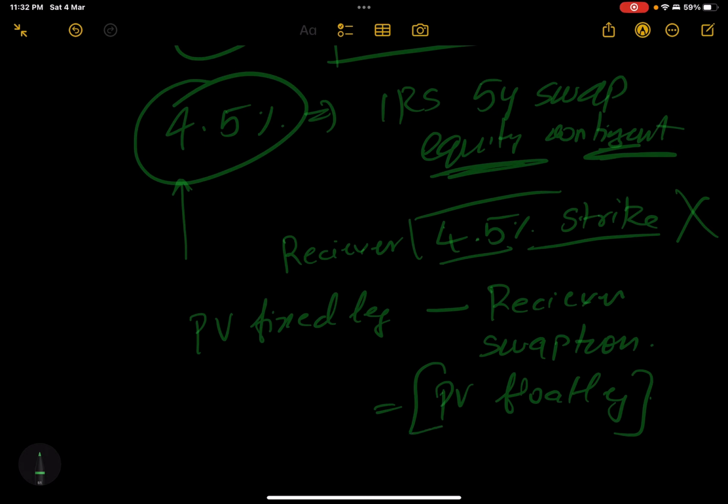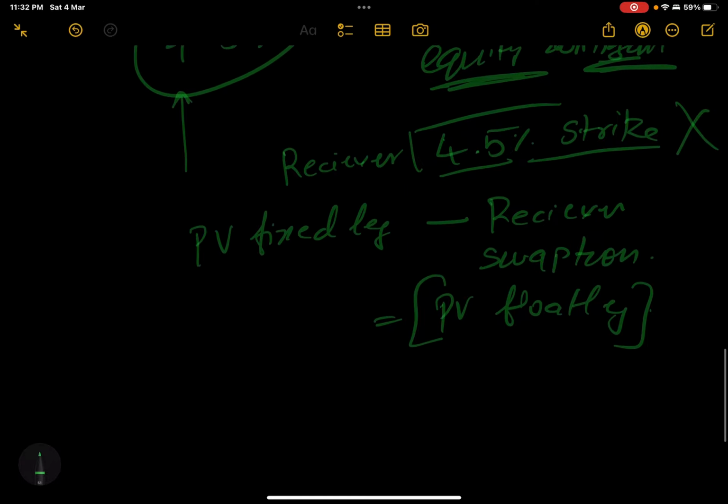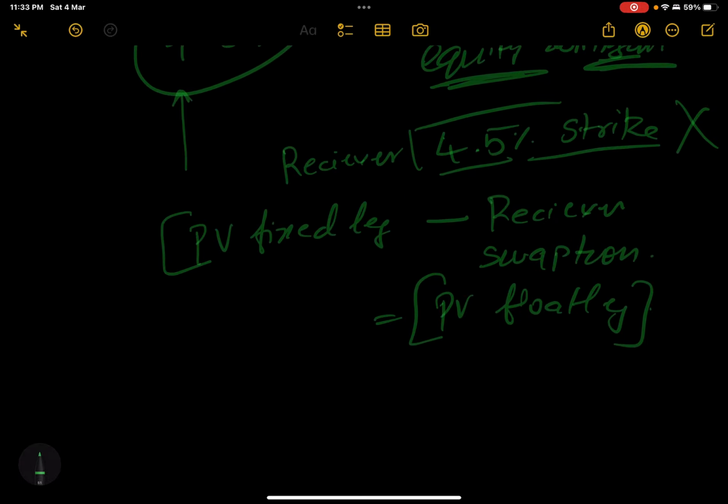It can be anything. So this receiver swaption thing, whenever this happens, how does it work? Initially this won't equate to this, right?